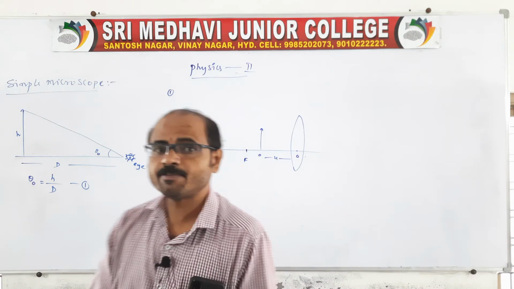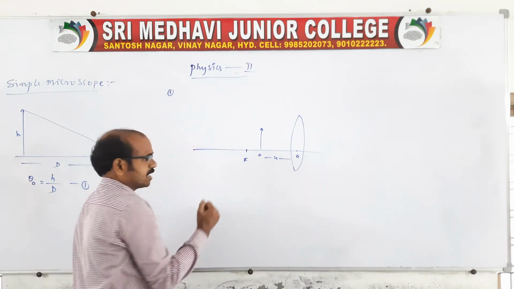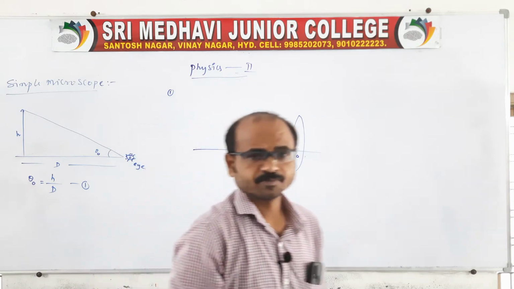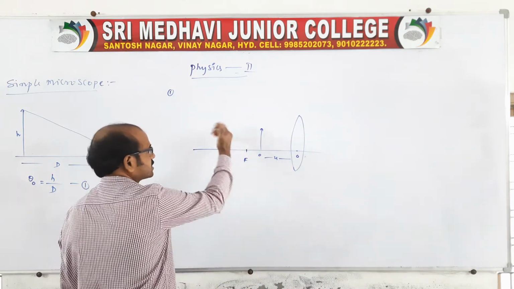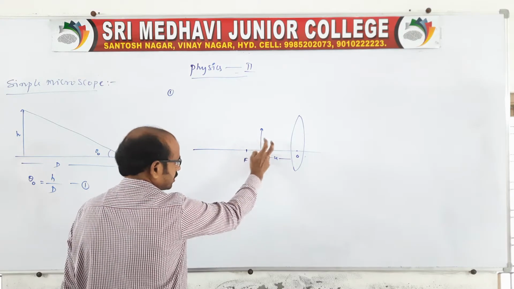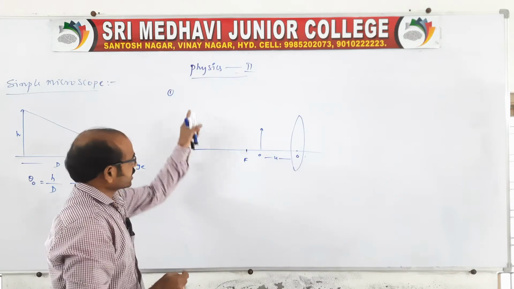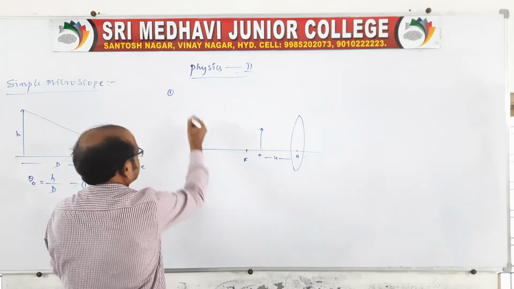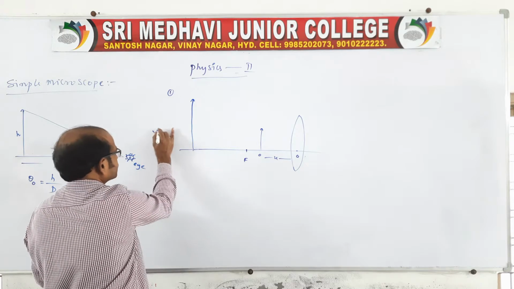Therefore the image forms on the same side, and that image will be an erect image and a virtual image, formed by adjusting the object between the focus and the optic center. The image will be magnified, enlarged, an erect image.